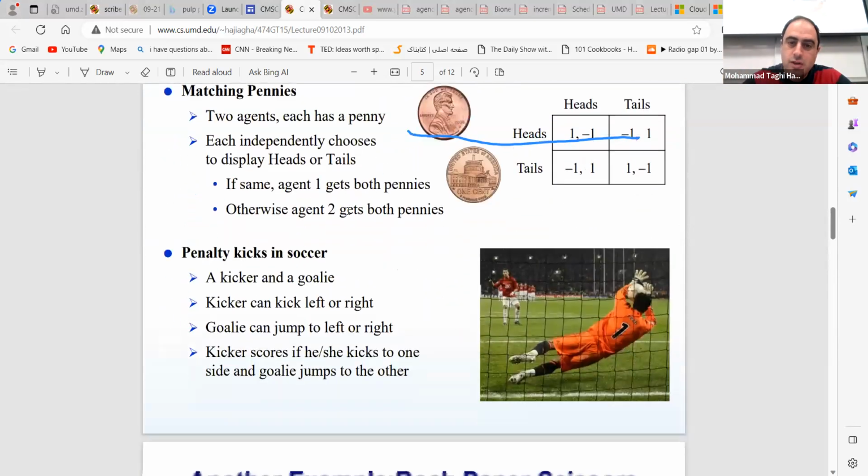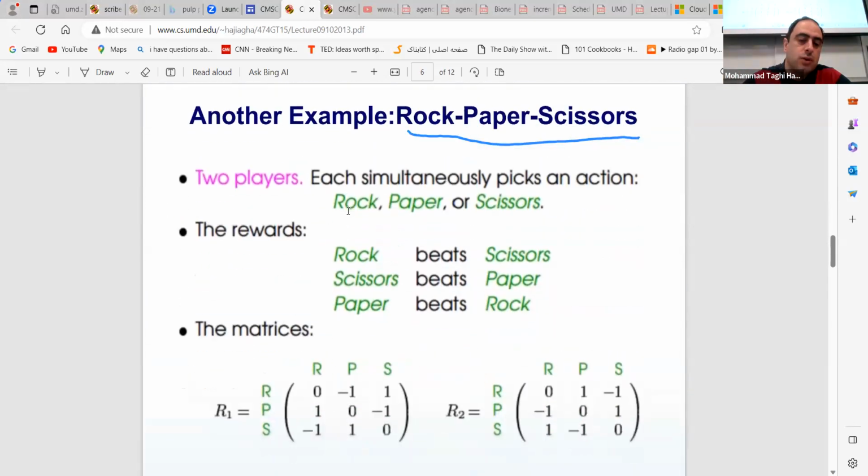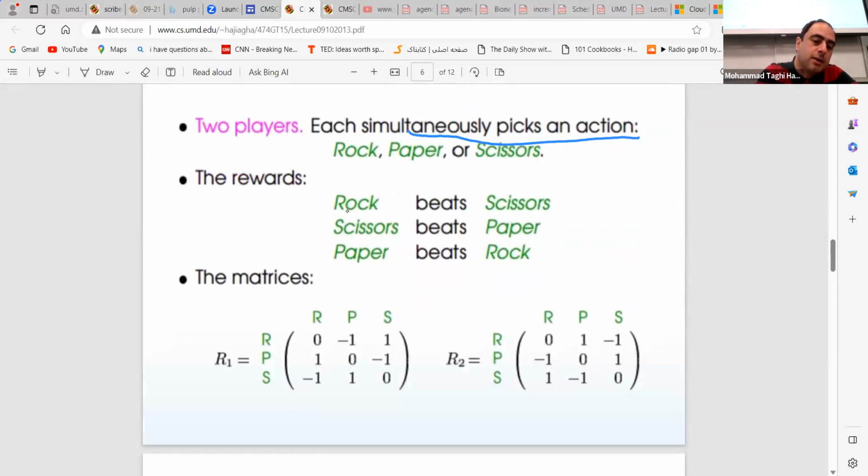But sometimes we are not doing that and we have a separate matrix for the first player and for the second player. This view is also important because for symmetric games, giving just one of these matrices is enough. We don't need to do it for different people. And we will talk about them.